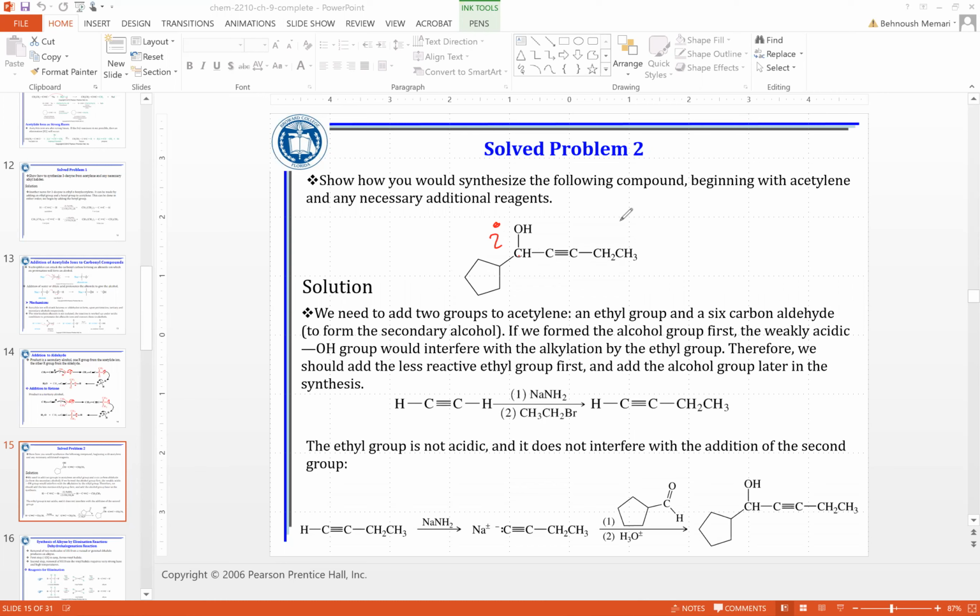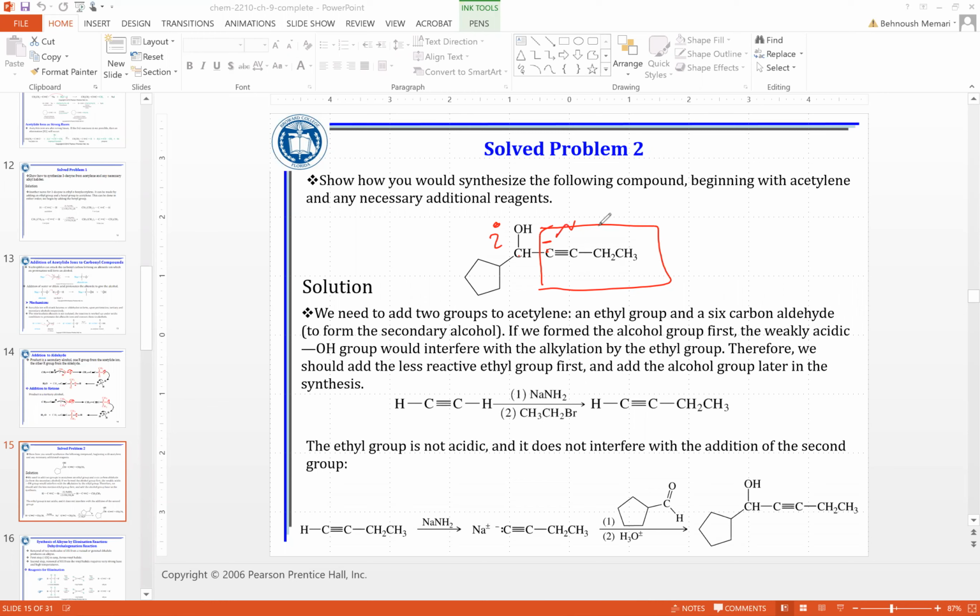So the part that is coming from the terminal alkyne starts with the carbon-carbon triple bond and everything that is attached to it, because the terminal carbon is going to be negatively charged.